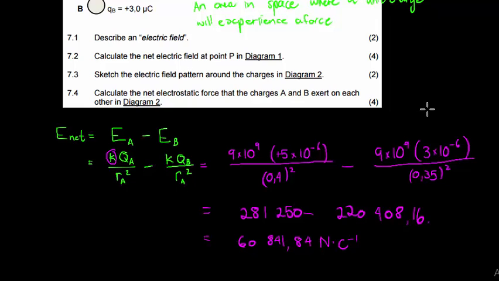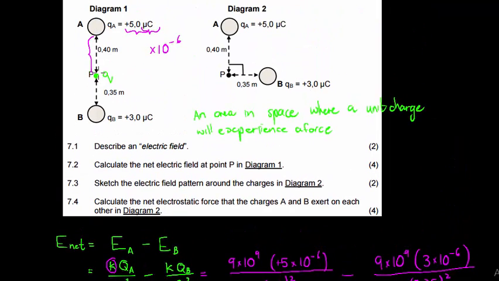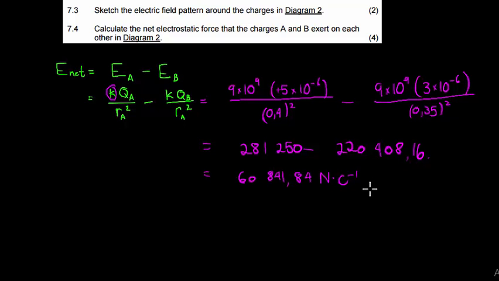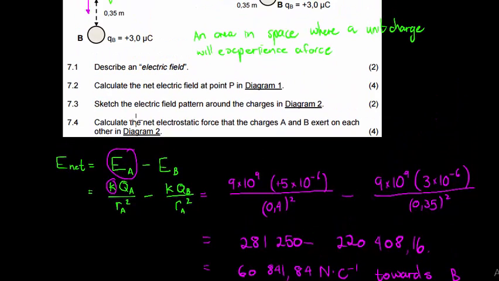It is positive, which means it will repel Q, and so Q will move in the direction of B, towards B. In other words, if I get a positive answer, it will repel from the first one, or you could say away from A. So that's my second question.